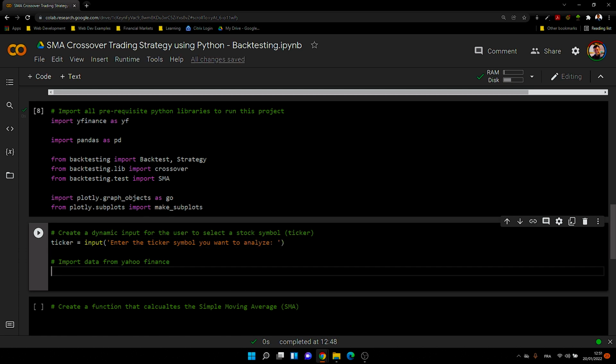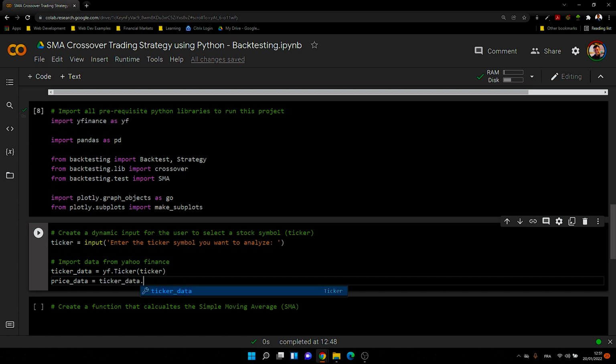And then we will say that our ticker data is going to be equal to Yahoo Finance.ticker, and this will take our variable ticker. And then we define our price data variable, and this will be equal to ticker data dot history.